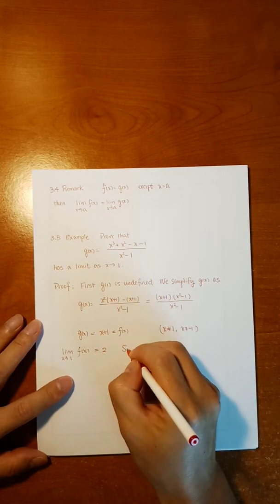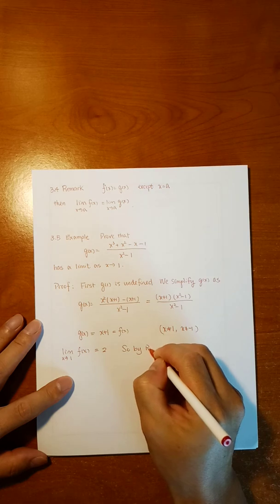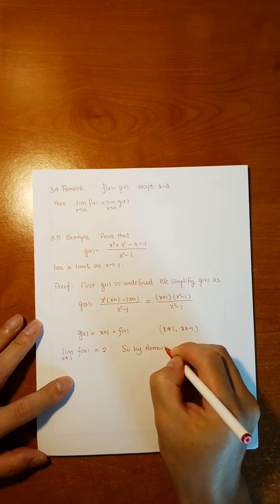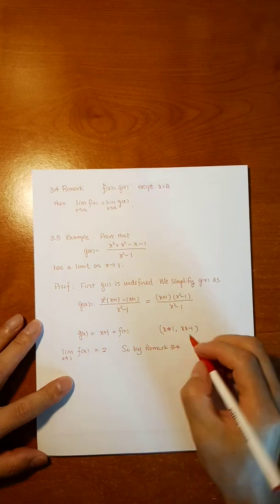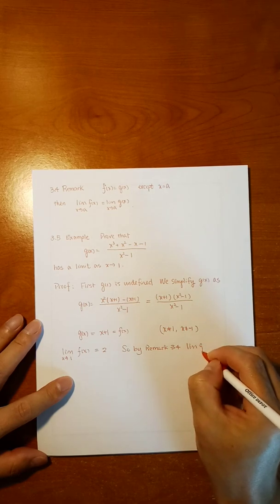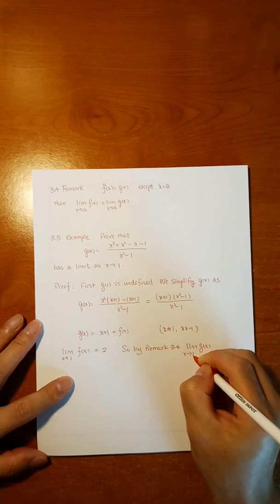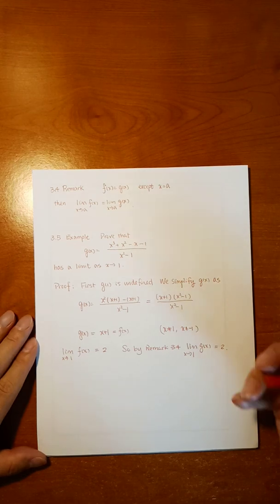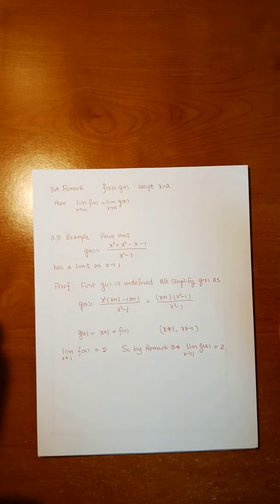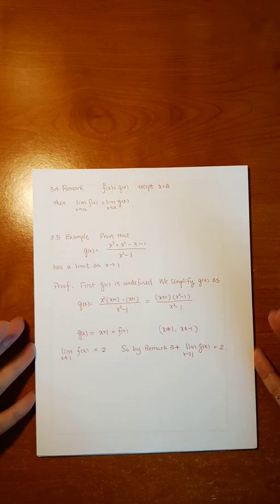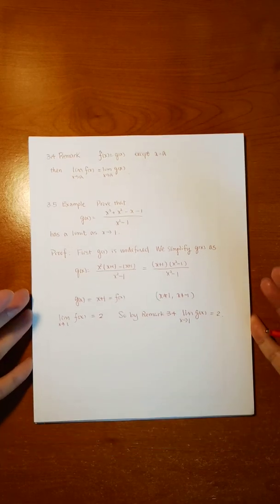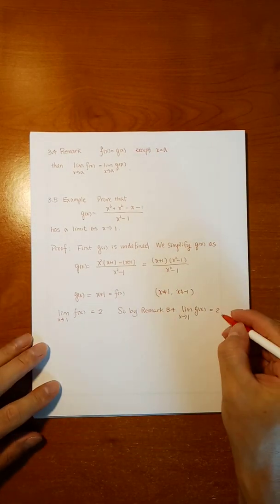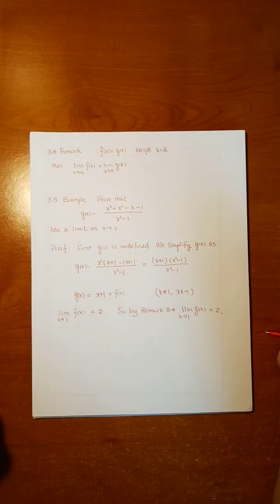So by remark 3.4, the limit of g of x as x approaches 1 is also 2. So the limit exists. Okay, so we found the limit. Of course, the limit exists. So this is the example of the remark we just discussed and which we proved last time.